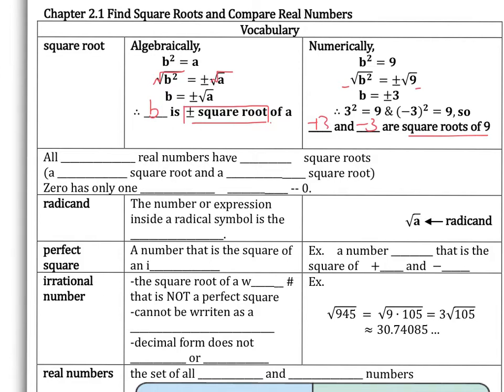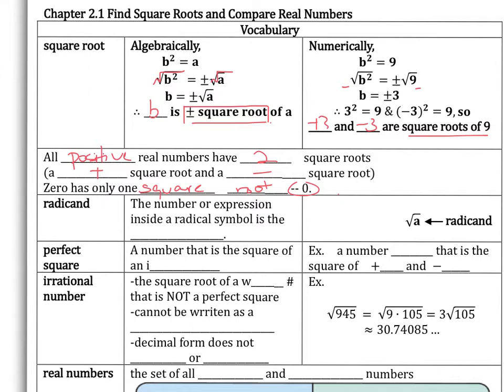So what can we say here? All positive real numbers have two square roots, a positive square root and a negative square root. 0, however, has only one square root, 0.